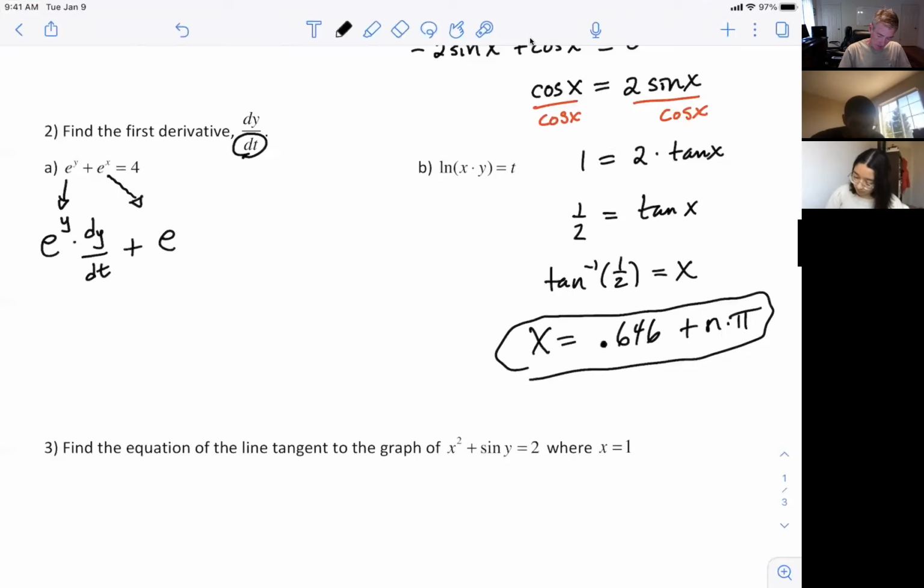So that's going to be e to the x. But then you also need to take the derivative of x with respect to t. And then on the right side, the derivative of 4 is 0.